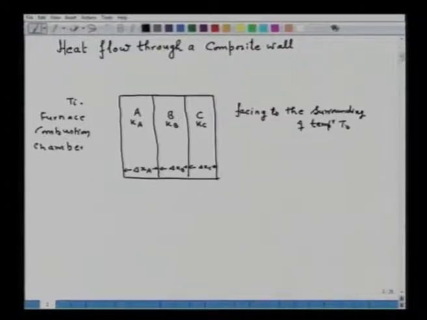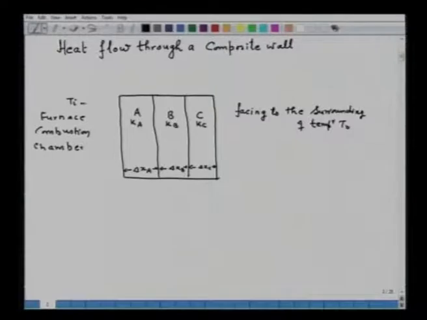Now, if we wish to represent the temperature profile, then this is the temperature, let us say it is T1, there is a gradient, let us take this temperature as T2, this temperature as T3 and this temperature as T4, and from here it again goes to the surrounding, which is T0. So, this is the temperature profile and the flux Q is passing and the flux Q will be equal throughout. So, that is the composite wall.